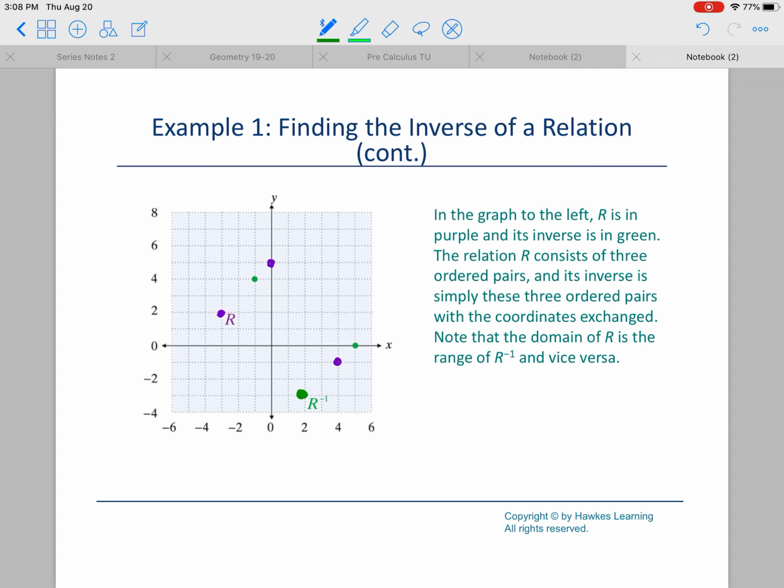Then I had the point (0, 5), which changed to (5, 0), which is over here. And then I had (4, -1), which changed to (-1, 4), which is up here. So if I have the graph of a relation, I can still easily find the inverse points just by swapping the x and the y values.